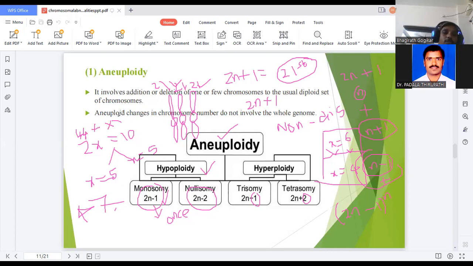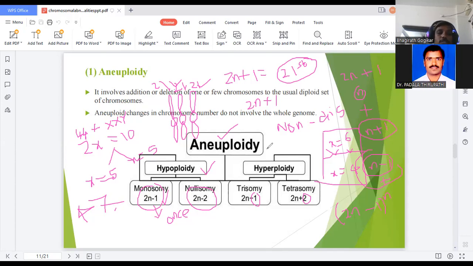Which chromosome is extra here? X chromosome. So this is another example of an extra additional chromosome being present, that is the X chromosome. That is Klinefelter syndrome.